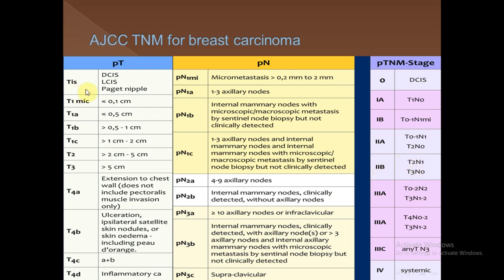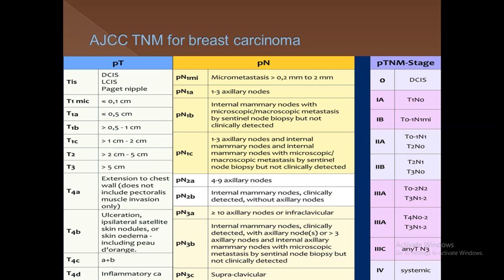Here is an important point about the lymph nodes. It depends on the microscopic examination of the lymph node and not on the size of the lymph node, because the size or clinical determination of the status of the lymph node is not the same as pathological staging. The lymph nodes might be enlarged but microscopically show only hyperplastic features and there is no tumor metastasis in these lymph nodes.